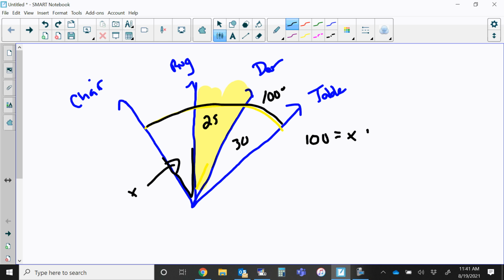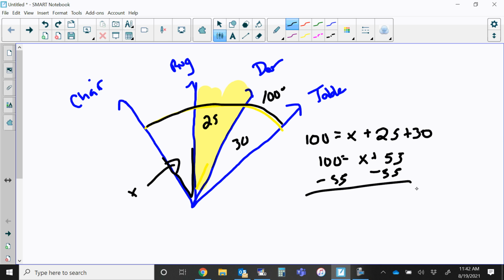So it'd be x plus 25 plus 30, and then we would go 100 equals x plus 55. So then we minus 55, and we could realize that x was 45. That's one way that we can use the angle addition postulate.